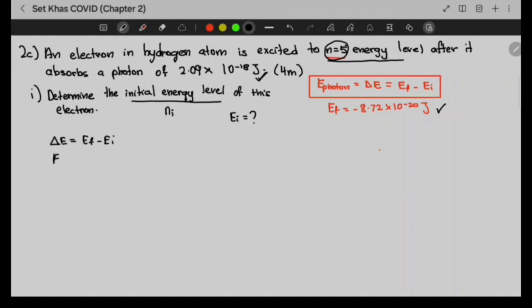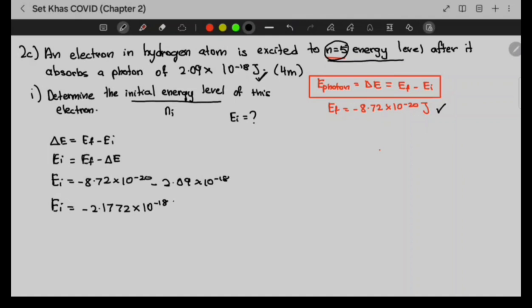The initial energy will be the final energy minus difference in energy. So just substitute with the values you have, negative 8.72 times 10 to the power of negative 20 minus 2.09 times 10 to the power of negative 18. So the initial energy will be negative 2.1772 times 10 to the power of negative 18 joules. Always remember to put the unit.